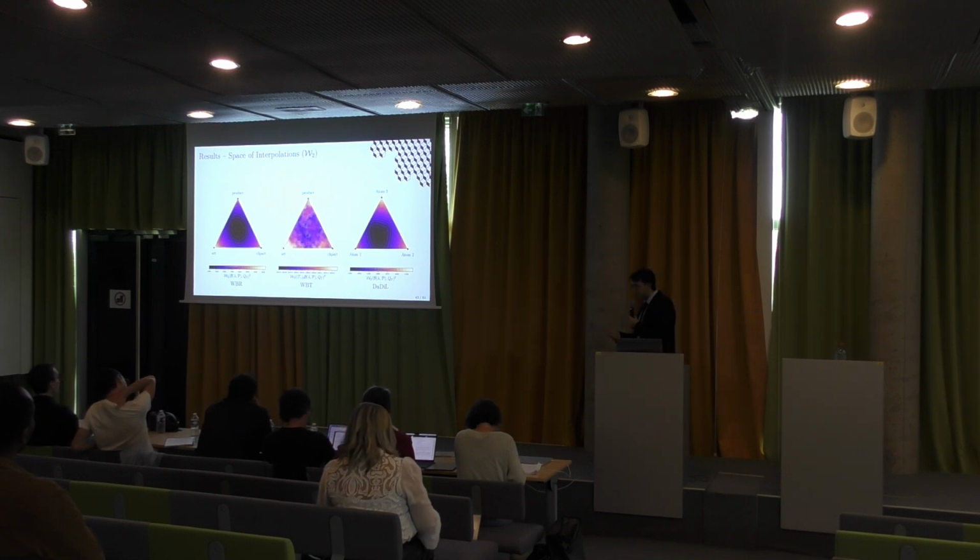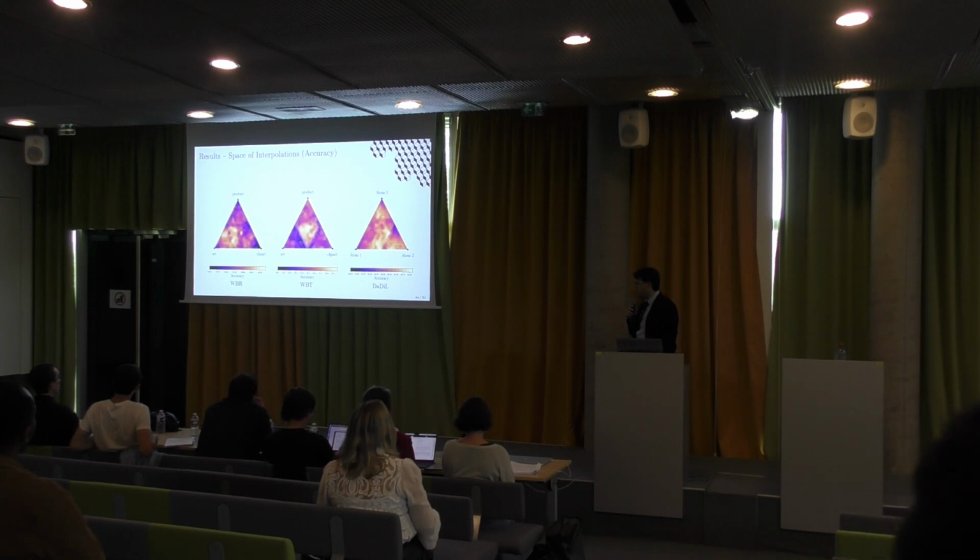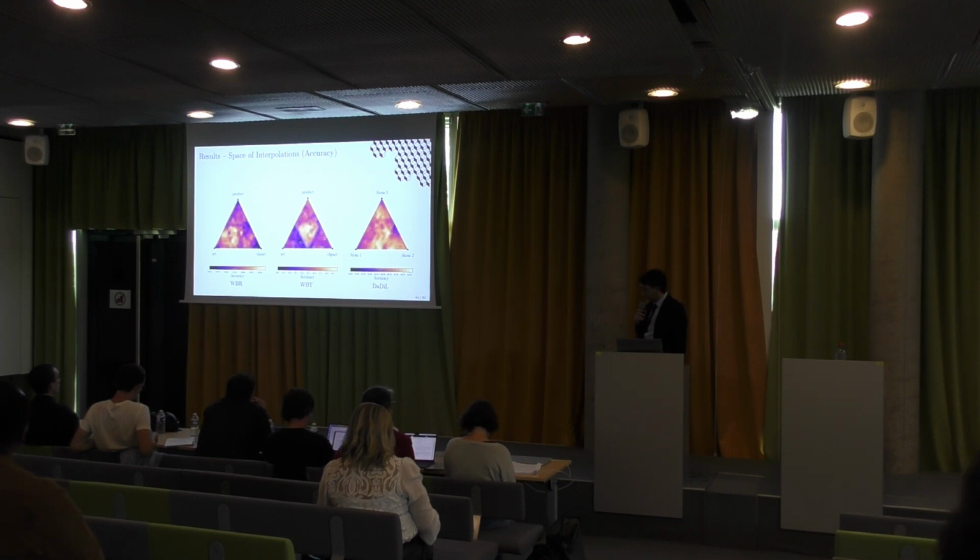It means that we effectively are minimizing the Wasserstein distance, but when you look at the accuracy, you still have a suboptimal performance because you're doing a two-step method. Now, when you do dataset dictionary learning, I'm going to go back, you have the same pattern as the sources, and you have a much nicer interpolation space than the Wasserstein Barycenter transport case.